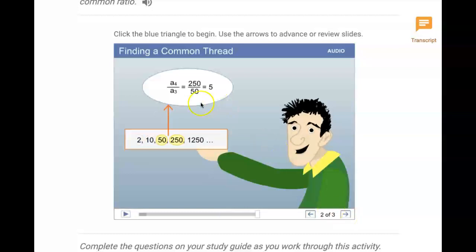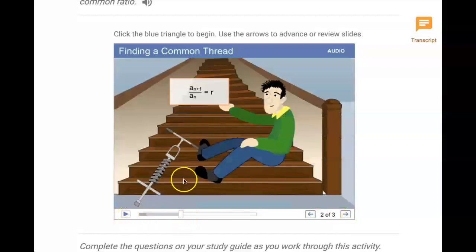If I back this up to the equation, you've got your first term, a sub n, and then this is a sub n plus 1. If you're in the first term, 1 plus 1 would be the second term. Or you could look at n being 2, so this would be 2 plus 1. This just means the term in front and the term behind it.